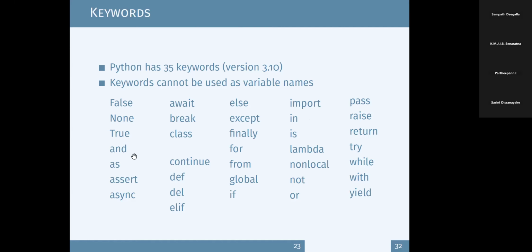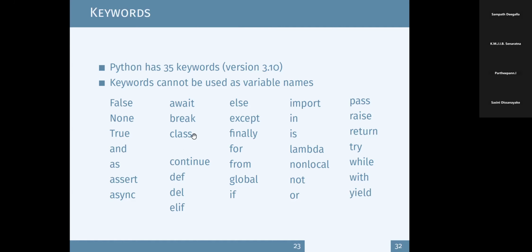Please note that most of the keywords are lowercase letters except these first three: False, None, and True. Make a note, the first letter is capital. So which means that you may not use this. On the other hand, since Python is case sensitive, you cannot use class with simple letters, but if you make it capital C, then you are allowed to use it.